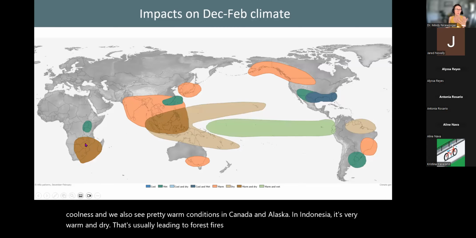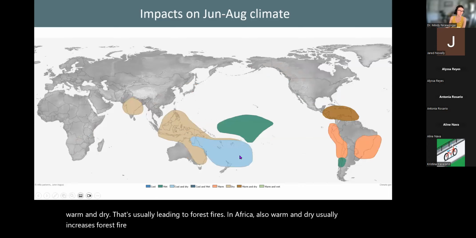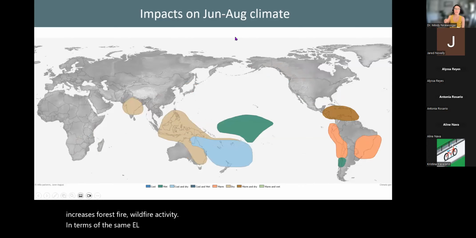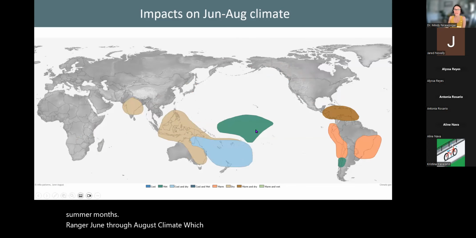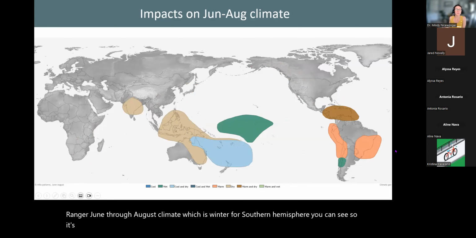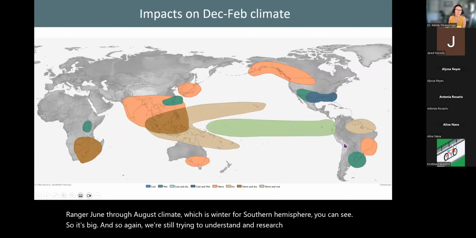In Africa, also warm and dry usually increases forest fire, wildfire activity. The same El Nino change is also going to have impacts in the summer months, June through August, which is winter for the Southern Hemisphere, you can see. So it's big. And so again, we're still trying to understand and research what all happens.